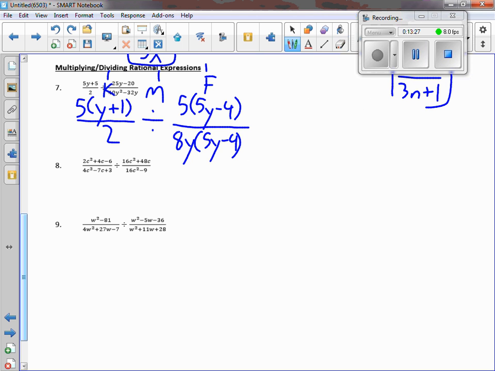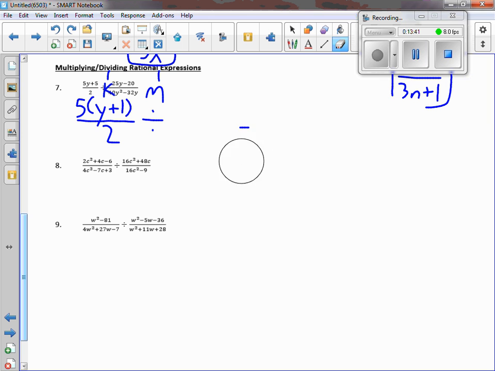Number 8, again, division. So step 1 is, once again, factor everything. Number 8 on top has a GCF of 2. Let's factor this in pieces because some of these have 2 steps worth of factoring. The top guy has a GCF of 2, so I pull that 2 out.